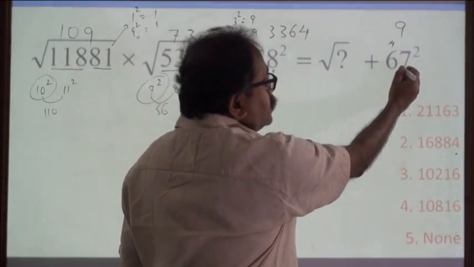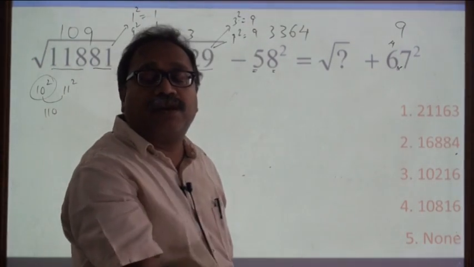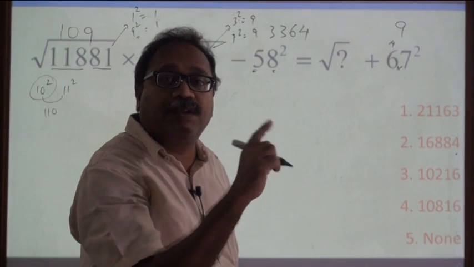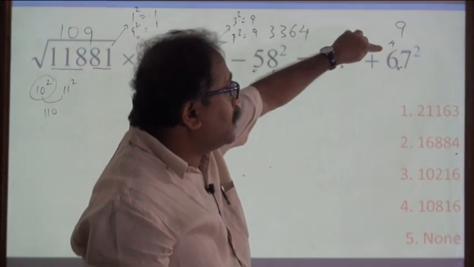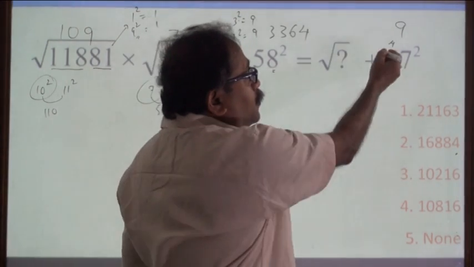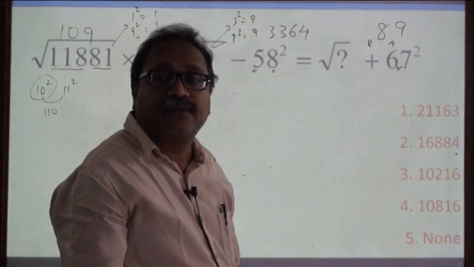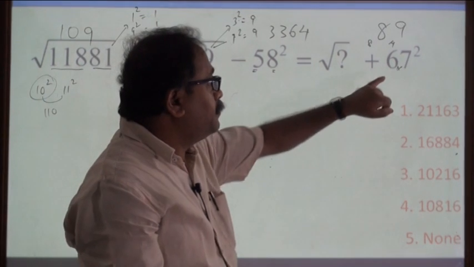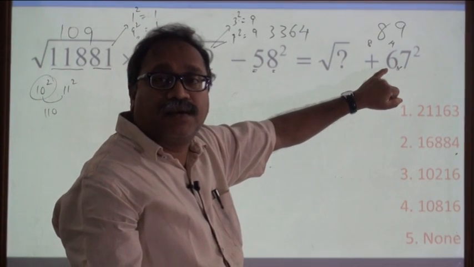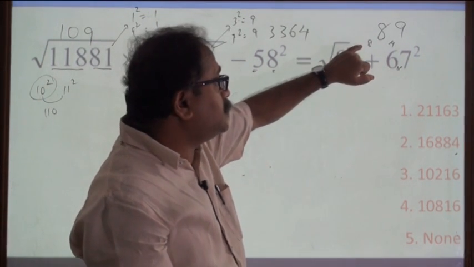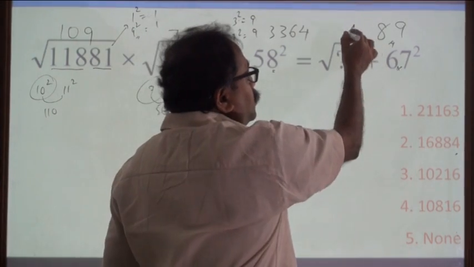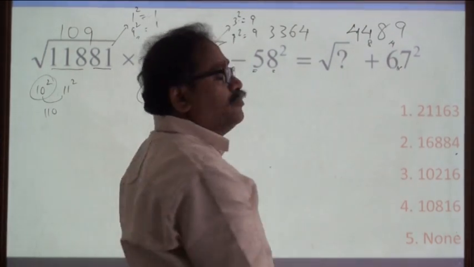Second, 6 times 7 is 42, and double of 42 is 84, but carry 4 is there, so 84 plus 4 is 88, carry 8. Third and last step, 6 square 36, 36 plus 8 is 44.